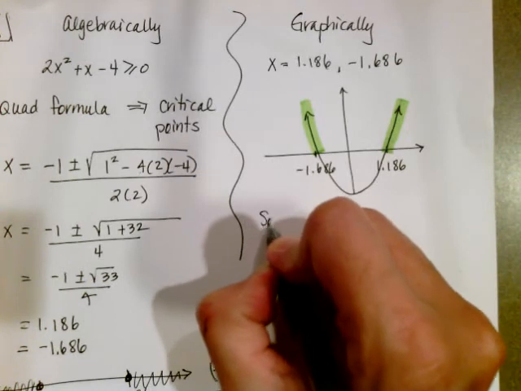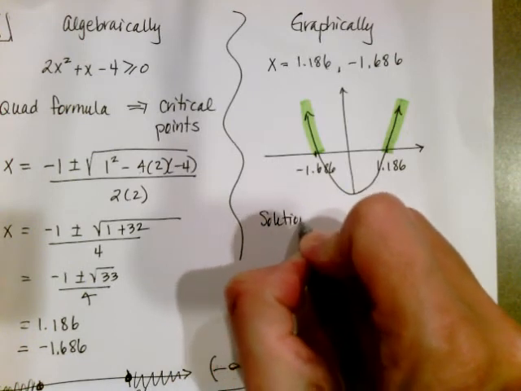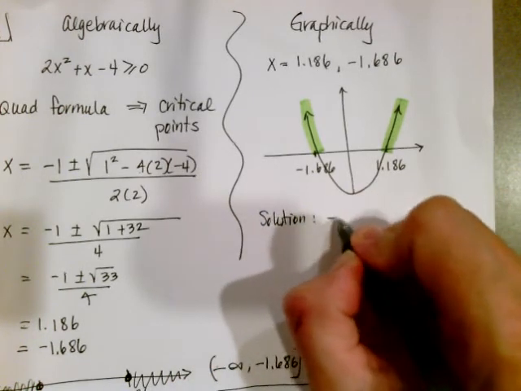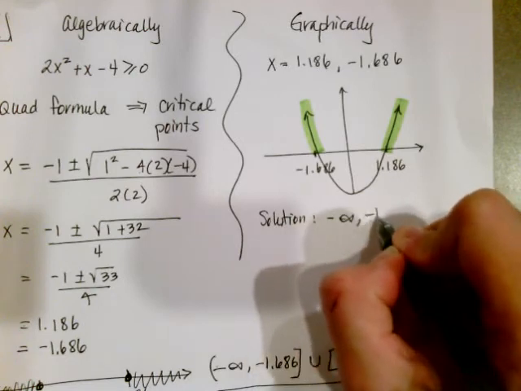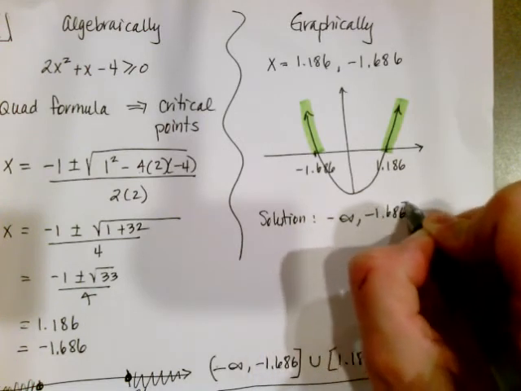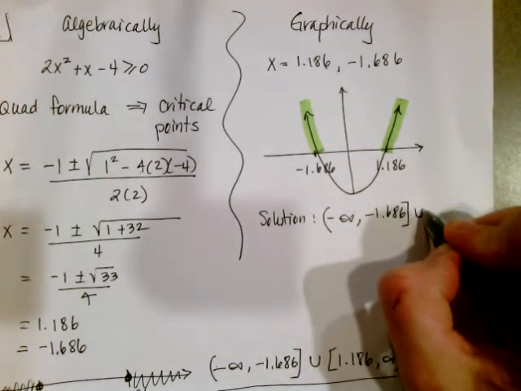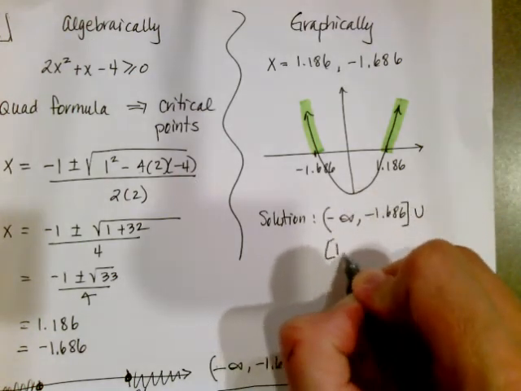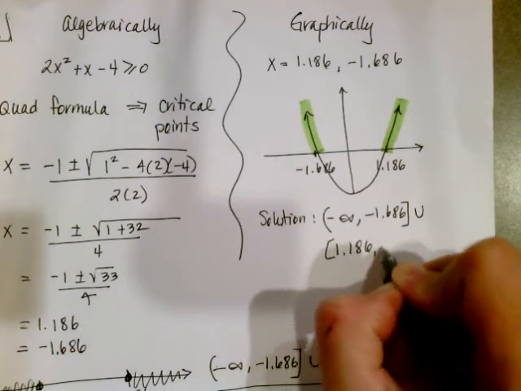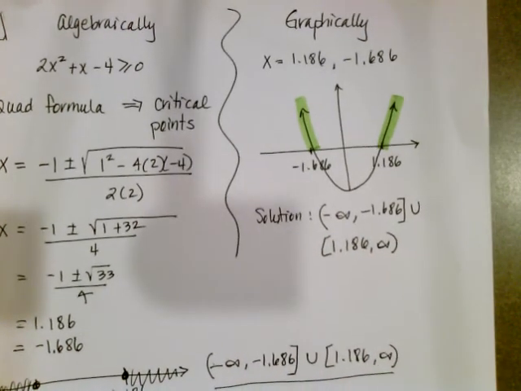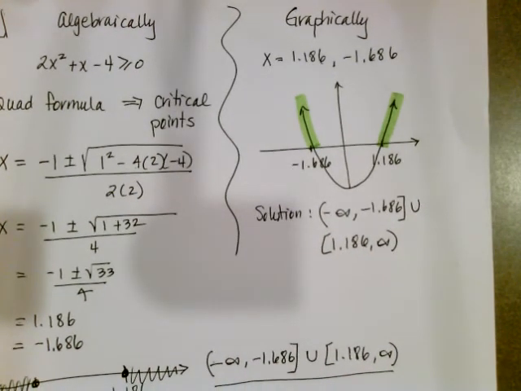So then if I wrote my solution in interval form from here, it would be negative infinity to negative 1.686 included. Infinity can't have a boundary, unioned with, and then I'll write it down here, 1.186 to positive infinity. And I got the same solution two different ways. So that's kind of nice. Kind of a fun way to talk about those problems.